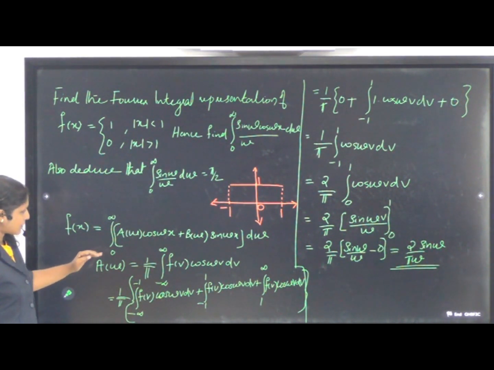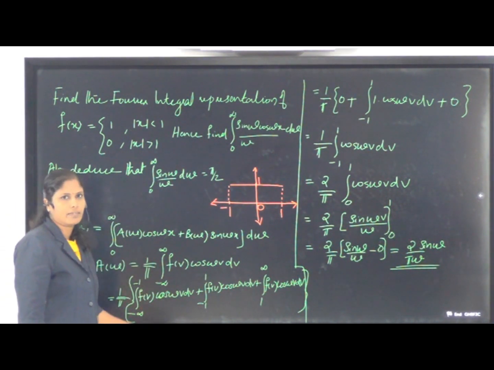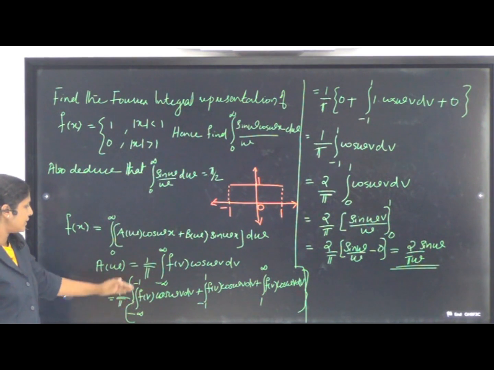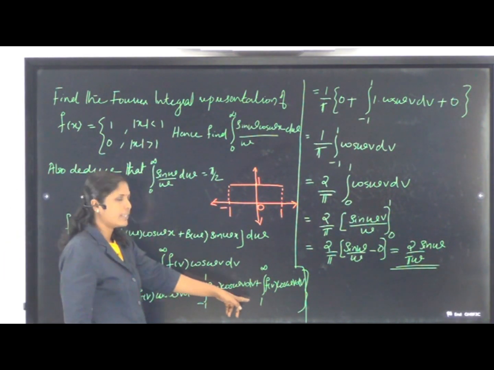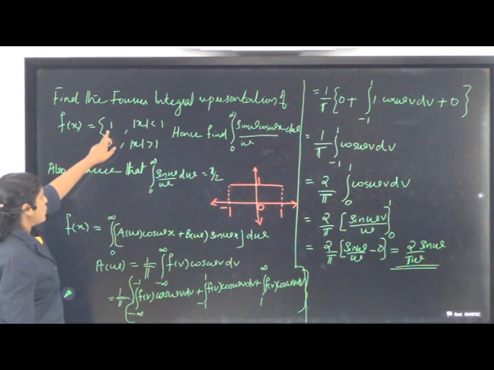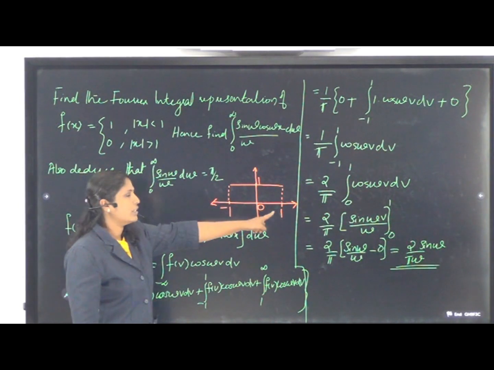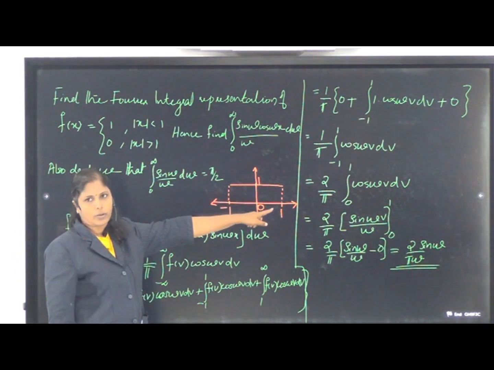So we split the interval minus infinity to infinity into three subintervals. First interval minus infinity to minus 1, second interval minus 1 to plus 1, third interval 1 to infinity. So f of v equal to 1 in the interval minus 1 to plus 1. Outside this interval f of v is 0.